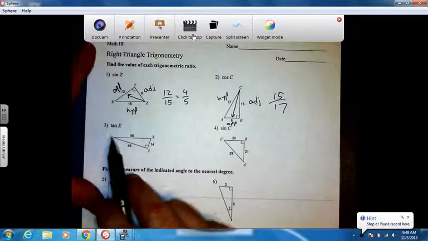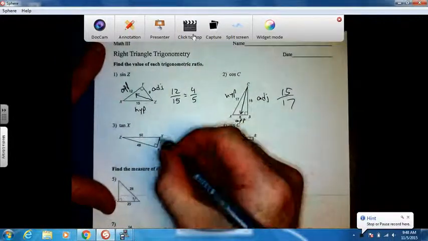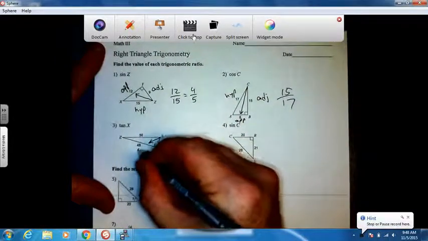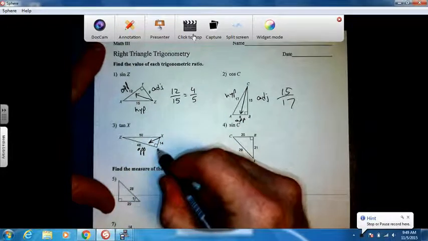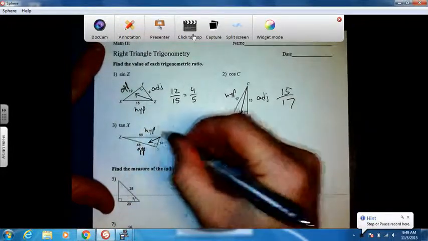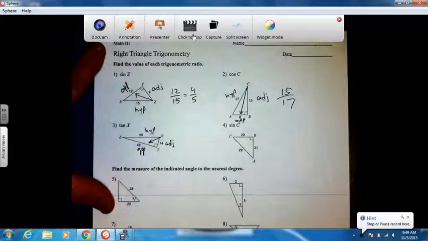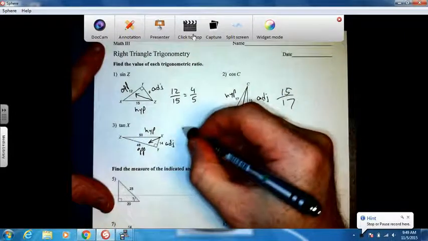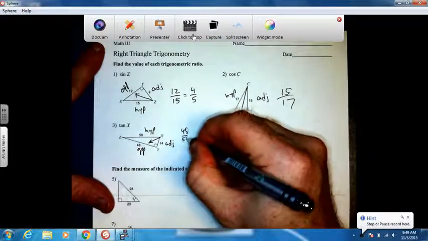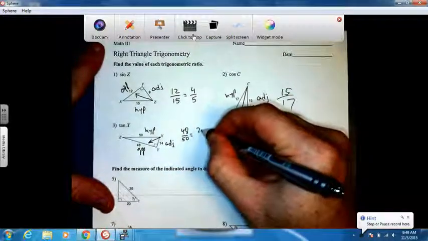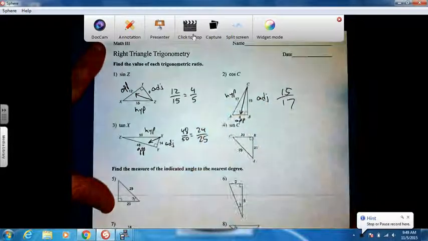For number 3, tangent of x. Well, here's x. That's the opposite side. That's the right angle, so this is the hypotenuse. So this is the adjacent side. Tangent is opposite over adjacent. So we have 48 over 50, and I can reduce that to be 24 over 25.